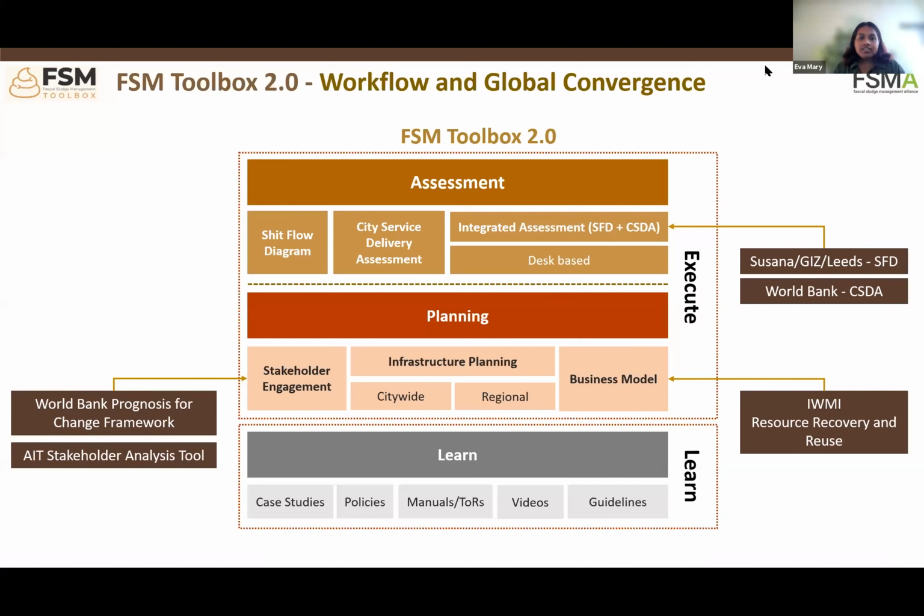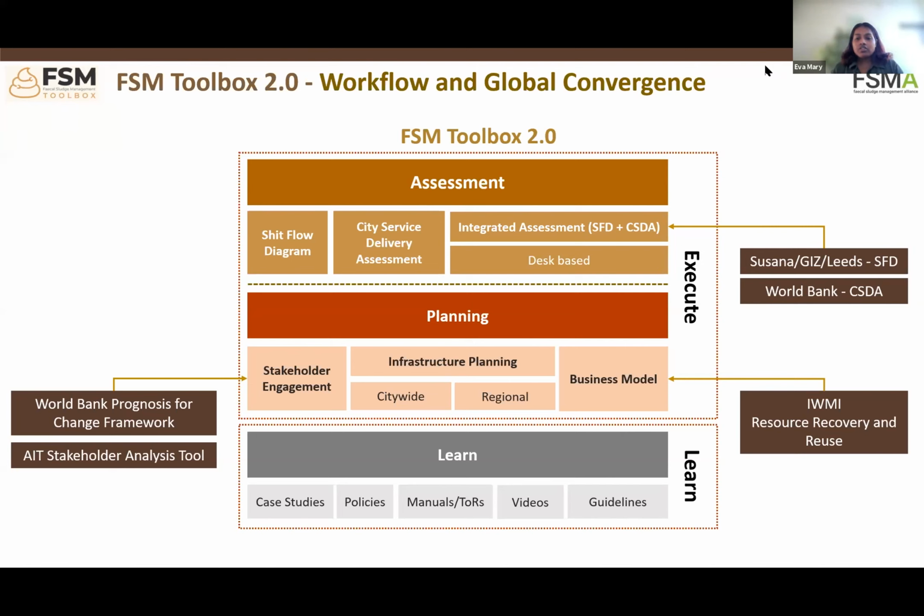So this is how the FSM Toolbox's workflow and the global convergence looks. We have the assessment that includes the SFD, the CSTA, and the integrated module. We also have the planning part, which includes the prognosis framework from the World Bank and the AIT's stakeholder analysis tool, that is the political economy analysis, and it exists as such within the tool.